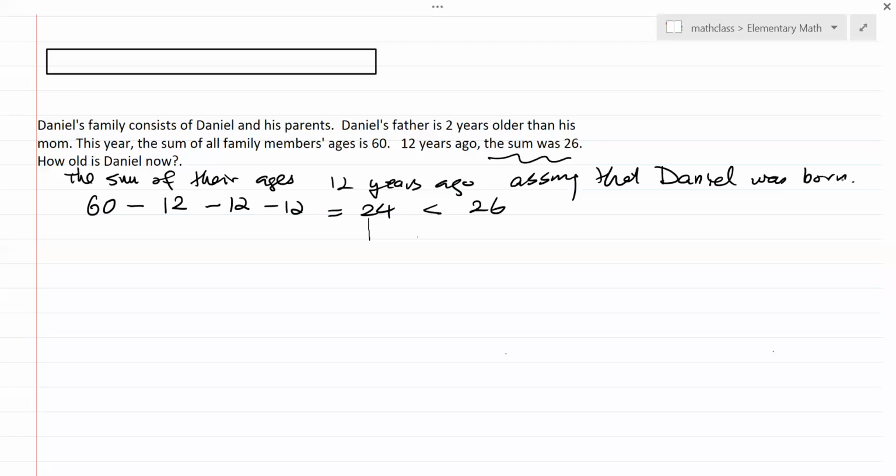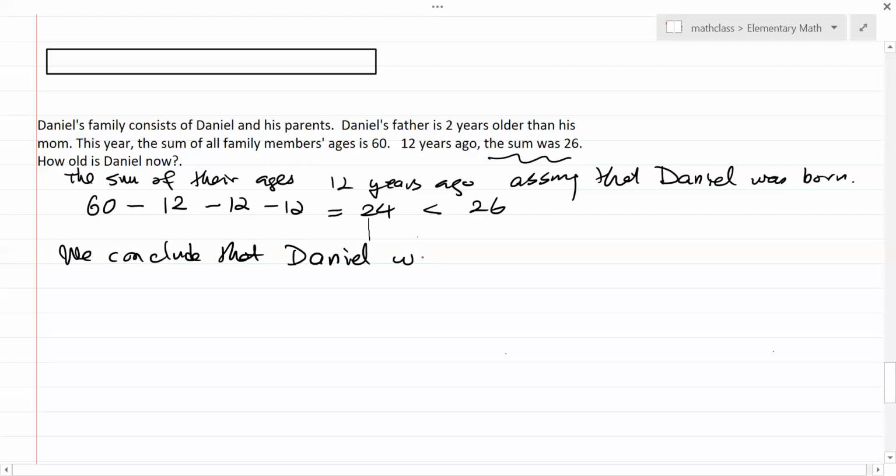So in mathematics, that means the assumption is wrong. So we conclude that Daniel was not born 12 years ago. Then the problem is a little bit easier.